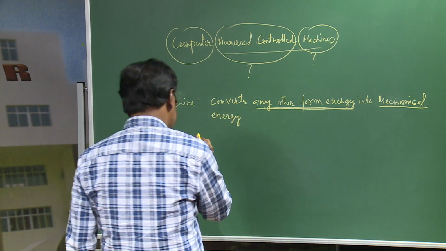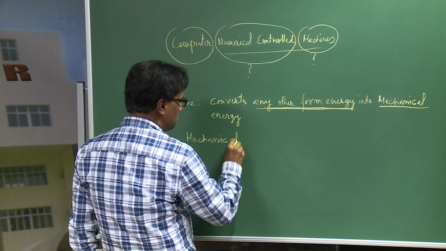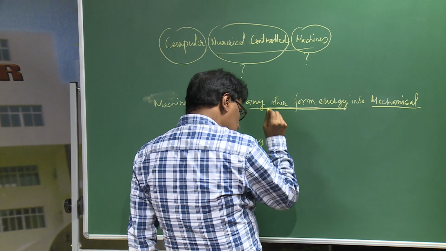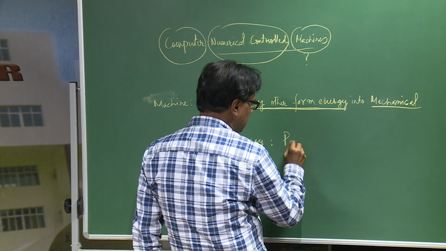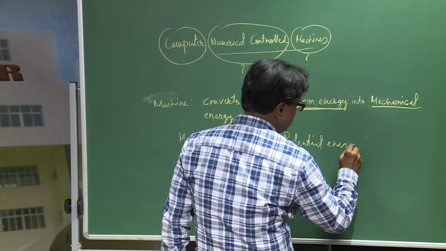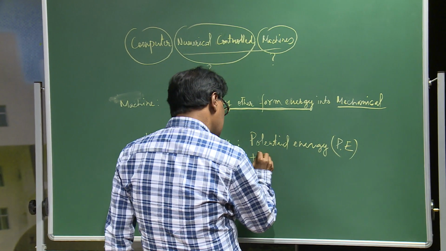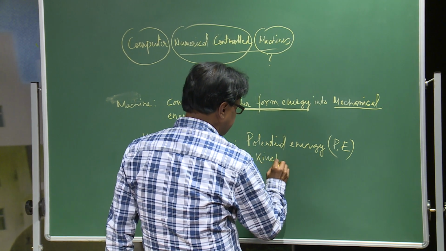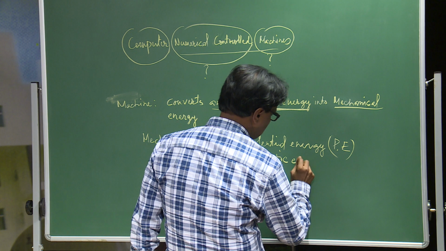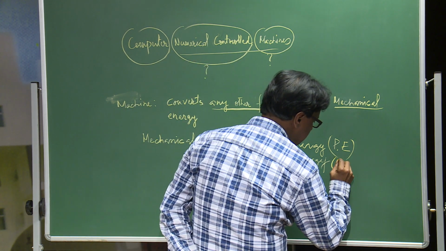What is mechanical energy? Actually, mechanical energy is of two types: one is potential energy, abbreviated as PE, plus kinetic energy, abbreviated as KE.